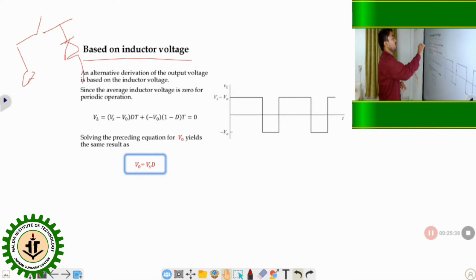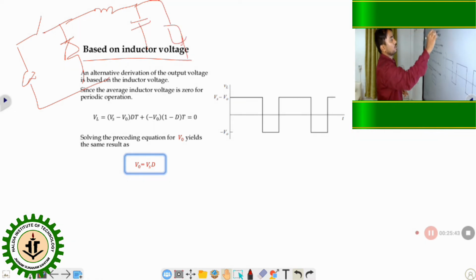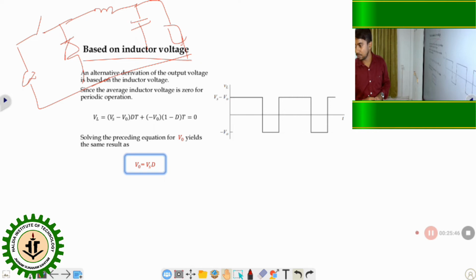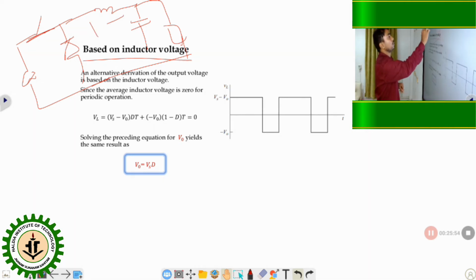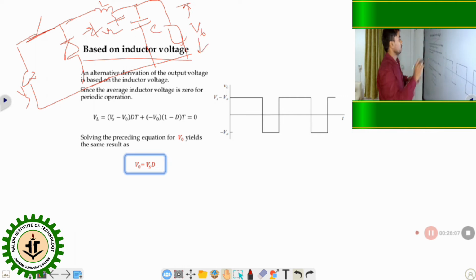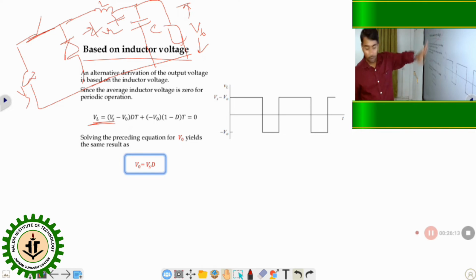So when the switch is closed, what is the voltage across the inductor? The voltage across the inductor VL is equal to Vs, the supply voltage, minus the output voltage V0. So when the switch is closed, VL is equal to Vs minus V0 for time dt, and when the switch is open, the time is (1 minus D) into T. Clear?